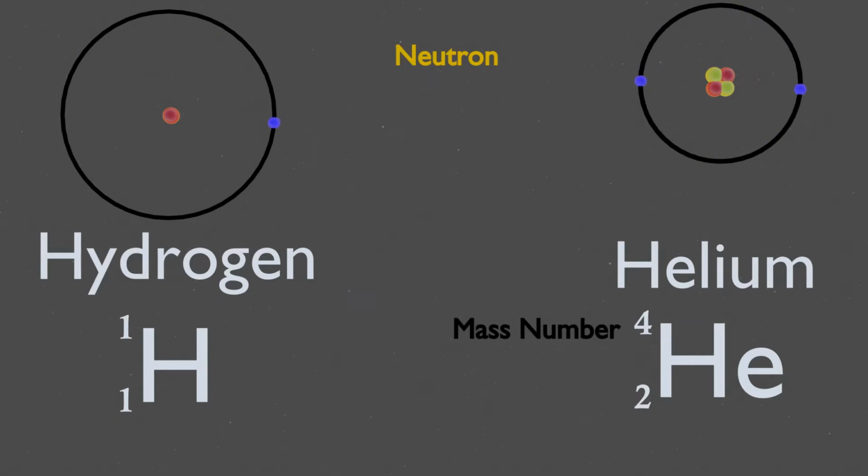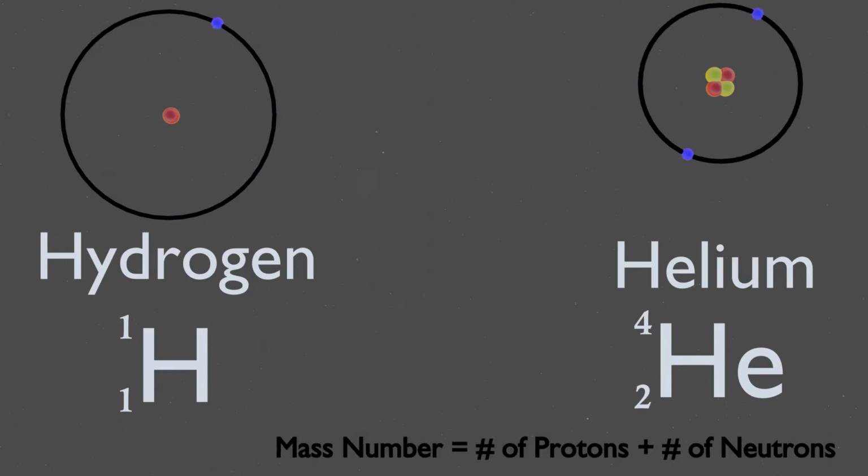So neutrons are neutral. Going back, protons are positively charged, electrons are negatively charged, and the neutrons are going to have no charge at all. They are going to be neutral. However, they do have about the same mass as a proton, so they are going to contribute to the mass of the atom. So generally, to get the mass number, we add the number of protons with the number of neutrons.